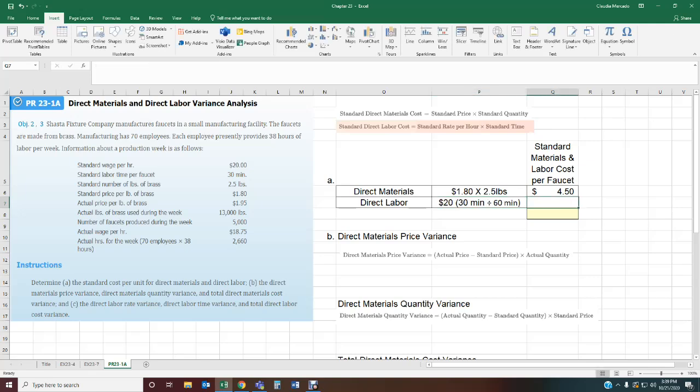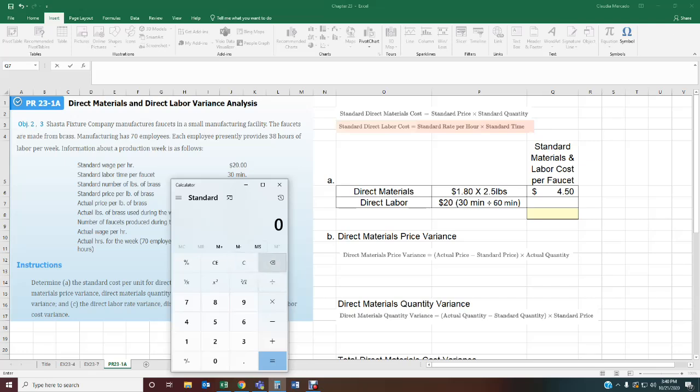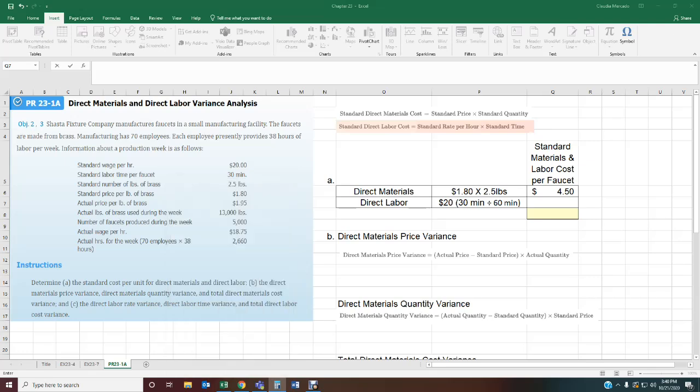Let me do that in my calculator. 30 divided by 60 is 0.5. So I'm going to be using 0.5 time, and I'm going to multiply that times $20 an hour. That means that for every 30 minutes that it takes me to produce a faucet, I'm going to spend $10, which makes sense. It's half of 20. So for every half an hour that you spend manufacturing your product, that's going to cost you $10 in labor.